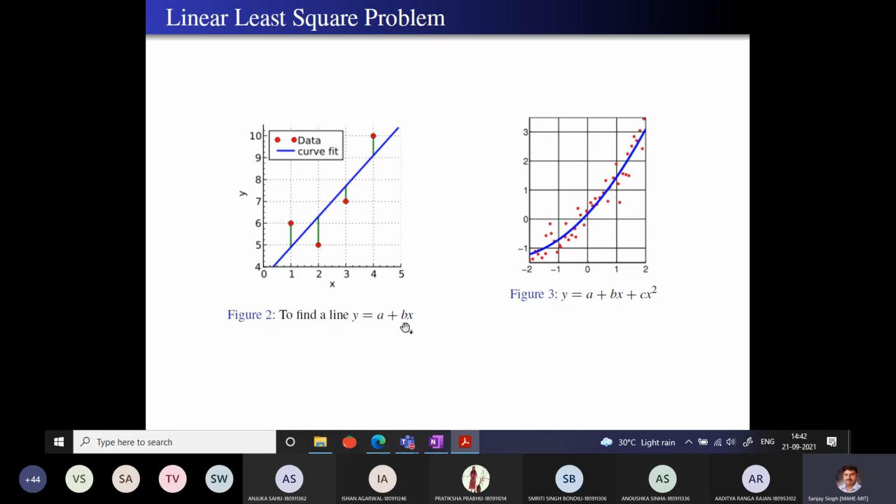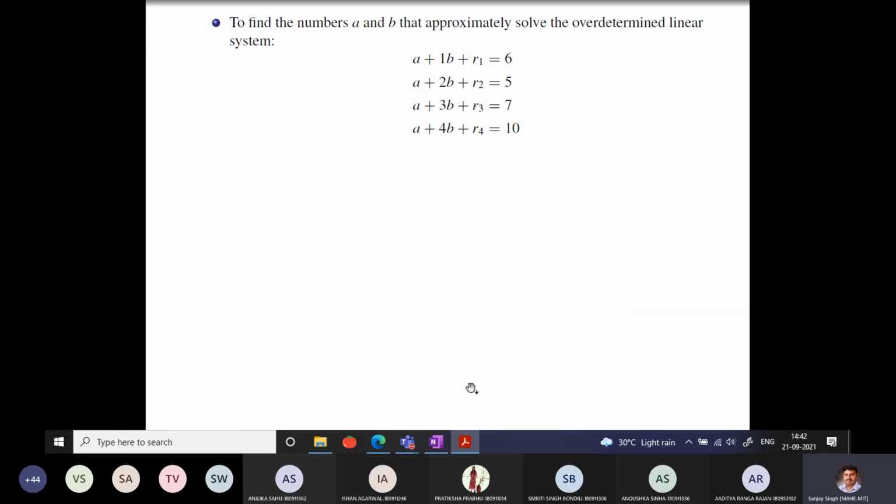Another point, x is 2, so a plus 2b, and y is 5 in this case. The third point is a plus 3b and the output value is 7. Likewise, a plus 1b plus r1 equals 6, and a plus 2b plus r2 equals 5.